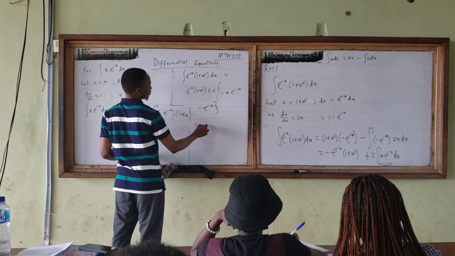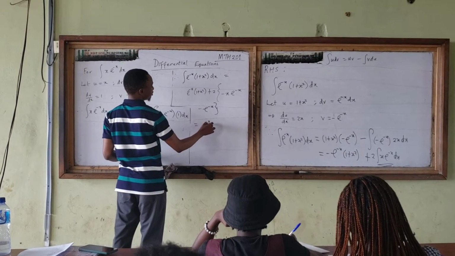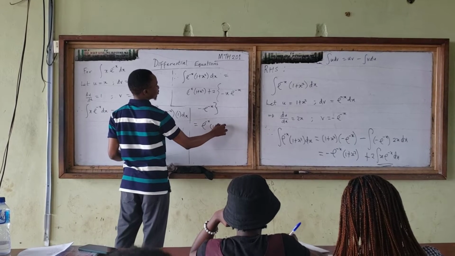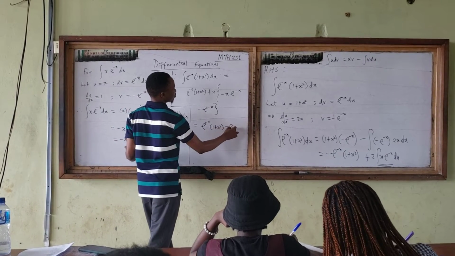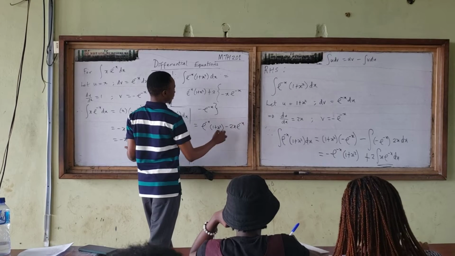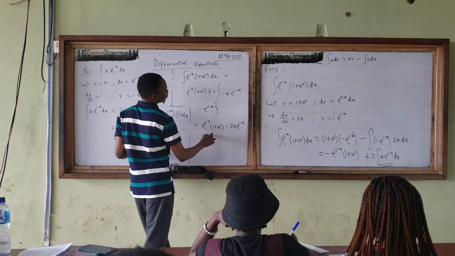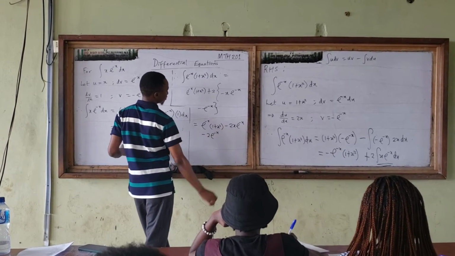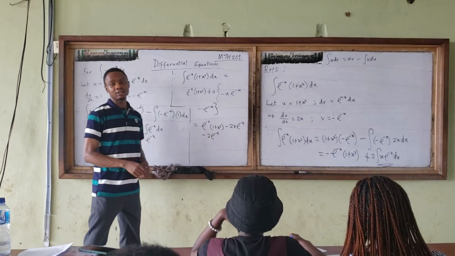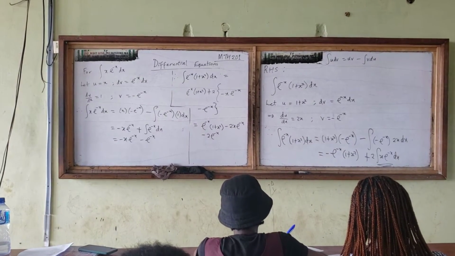That's going to give us e raised to the power minus x into 1 plus x squared minus 2x e raised to the power minus x minus 2e raised to the power minus x. That's that. So we can now put our result together.